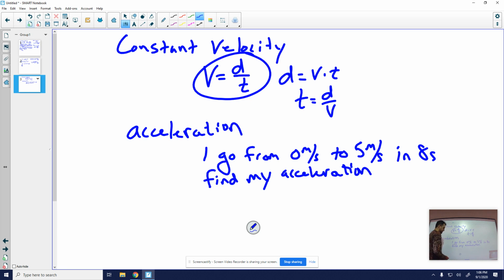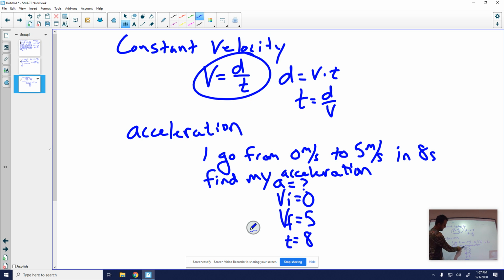Well, my process, and I do physics problems all the time, is I start writing down stuff. 0 meters per second, that sounds like an initial velocity. To 5 meters per second, that's a final velocity. In 8 seconds, that's a time. Find my acceleration. So what I want is an A.